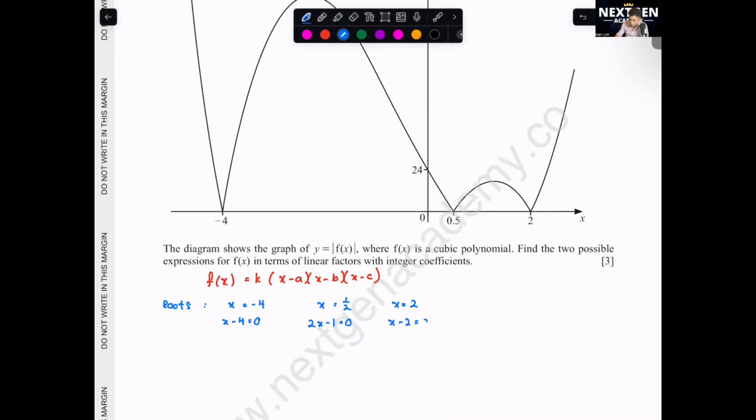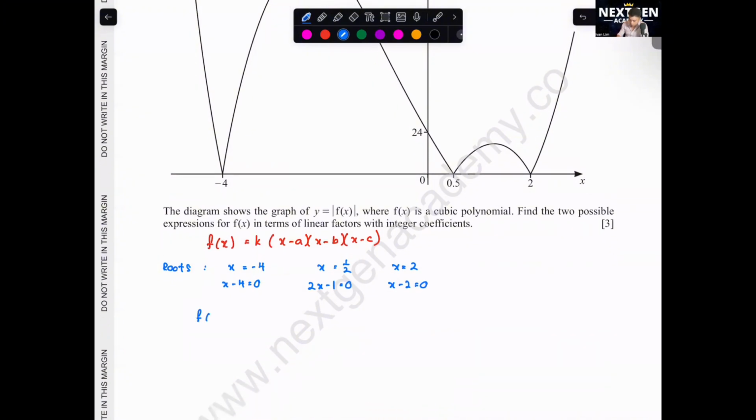Then this one, x minus 2 equals 0. So I've got my a, b, and c already. Now f(x) becomes k(x minus 4)(2x minus 1)(x minus 2). Sometimes it might not be x minus b, it might be ax plus b.